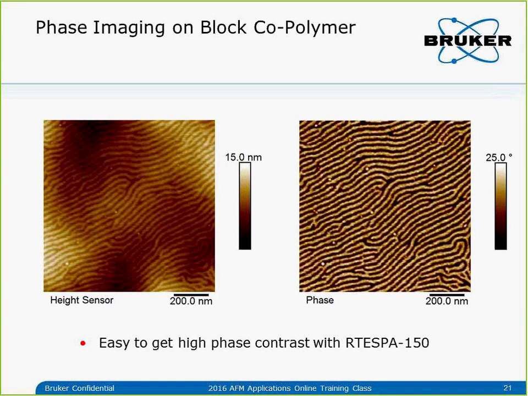And even if I get the phase contrast, it will be much smaller. So it's not that I cannot get the phase contrast with another tapping probe, but it will be difficult, and the data is not as good. But if we choose the correct probe, like the RTESPA-150, it makes it much easier to get a better contrast, and the contrast is much better also.